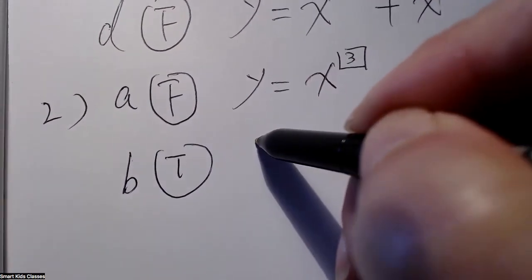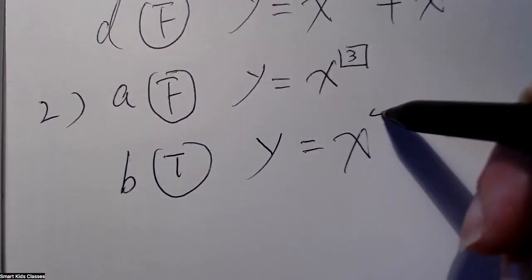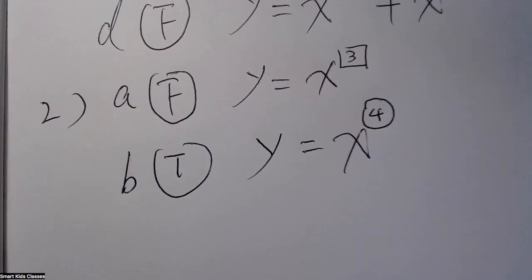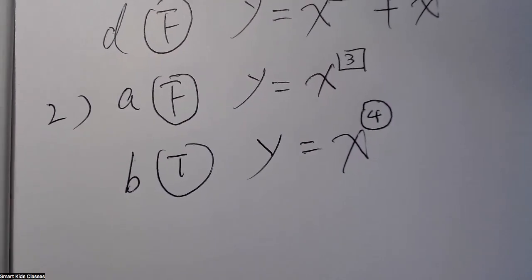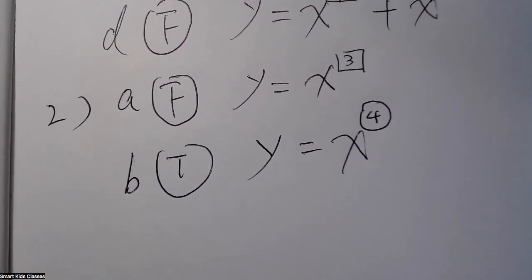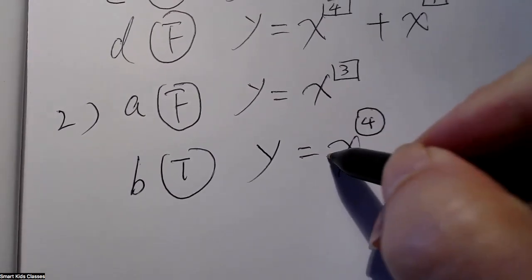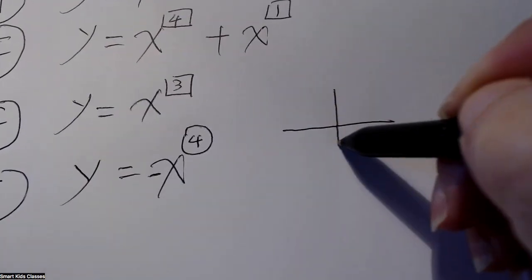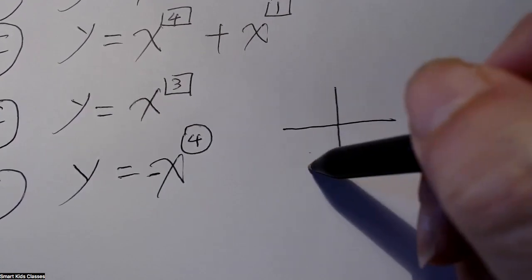We give an example: y equals x exponent 4. If you put a negative leading coefficient, the graph will be like that, extending through quadrants 3 and 4.